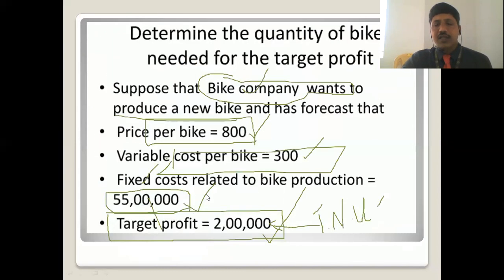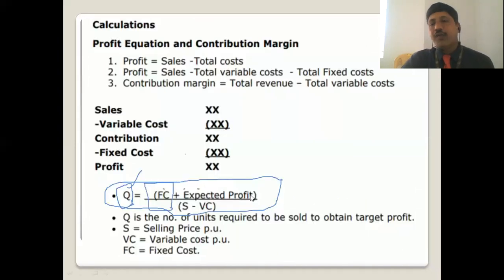And what is the other thing required to find out? Expected profit. Yes, expected profit is also given in the problem, that is 2 lakh rupees. And whatever Rohan raised about the contribution margin, we can say it is total revenue minus total variable cost, or sales minus variable cost.